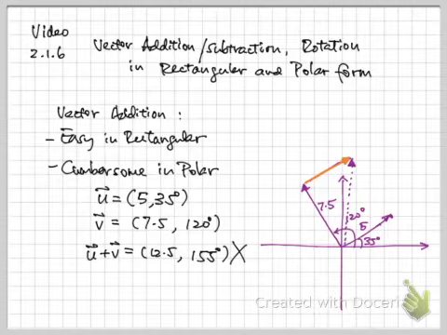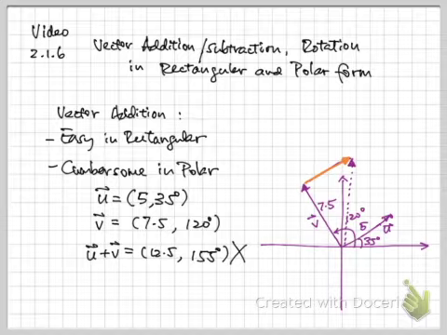To see why, I've plotted here the vectors u and v. Vector u has a length of 5 units, and it's at 35 degrees with the positive x-axis. Vector v has a length of 7.5 units and is at 120 degrees.